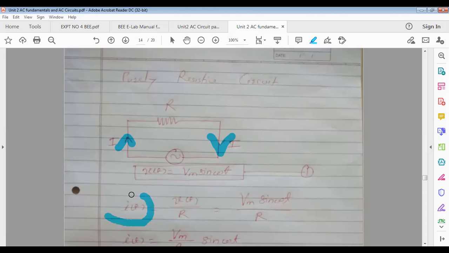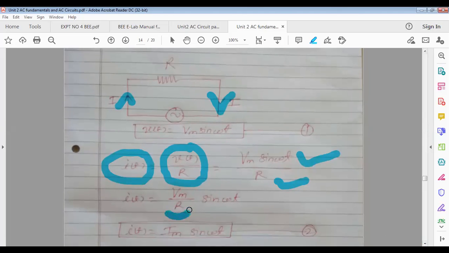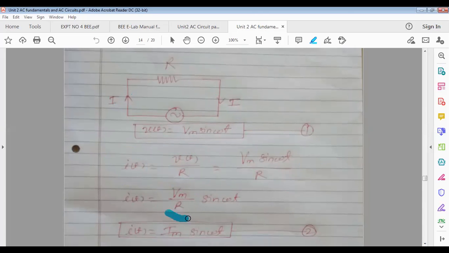But what will be the instantaneous current equation? Instantaneous voltage divided by resistance. And what is the instantaneous voltage? Vm sin(ωt) divided by resistance. So simplifying, i(t) is Vm by R into sin(ωt). And what is Vm by R?